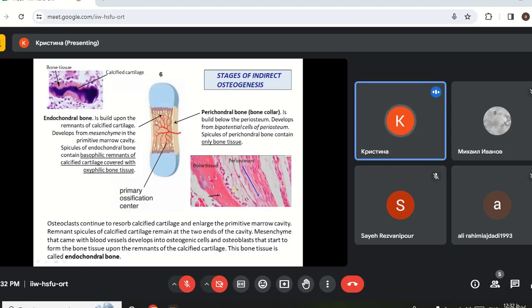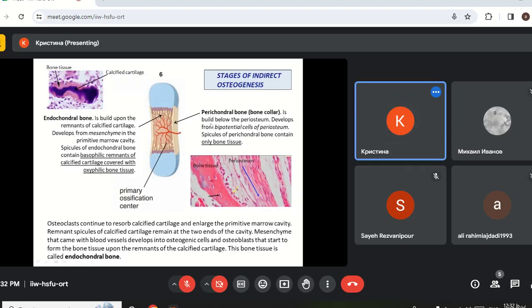So mesenchyme, which is now in the cavity inside the bone, develops into osteoblasts that start to make bone tissue just upon the remnants of the not fully broken calcified cartilage, and thus the endochondral bone is formed.